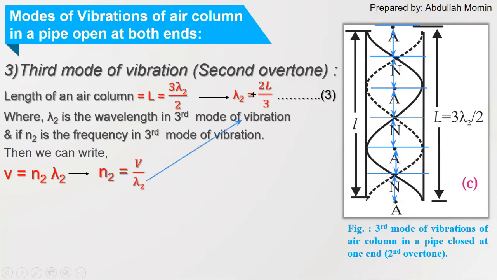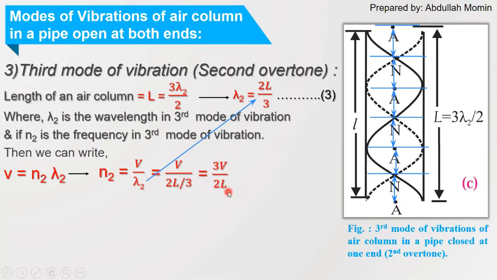So lambda 2 is 2L upon 3, which we put in the equation of n2. So n2 is V upon 2L by 3, and this 3 in the denominator of the denominator goes to the numerator, so the equation can be written as 3V upon 2L.